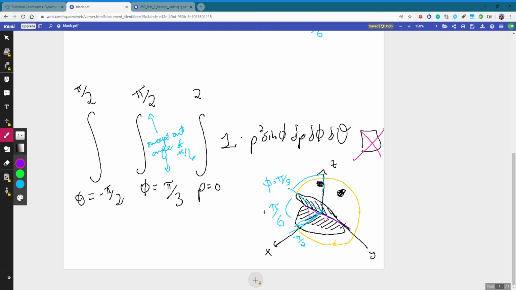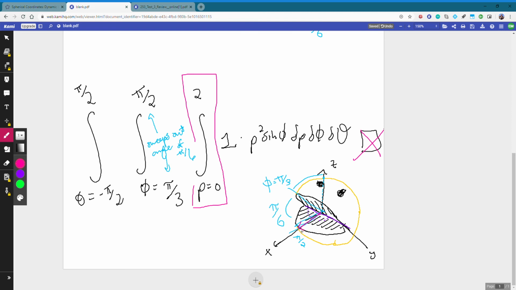The issue for this, though, is that moving rho from 0 to 2, I claim, is only what we want to do in this very special situation when our theta is 0 and we're pointing out in this direction along the x-axis.